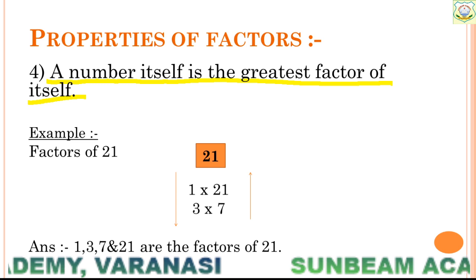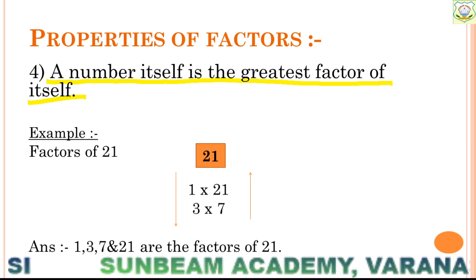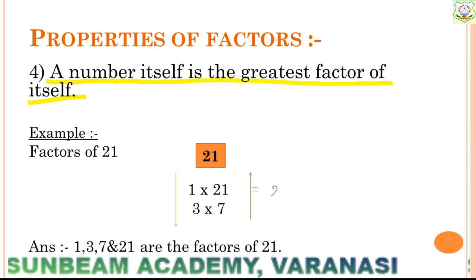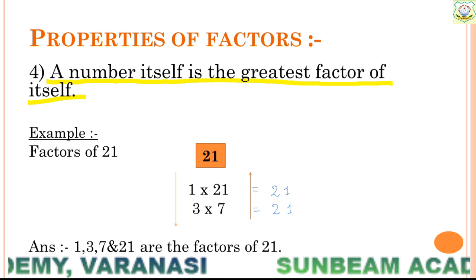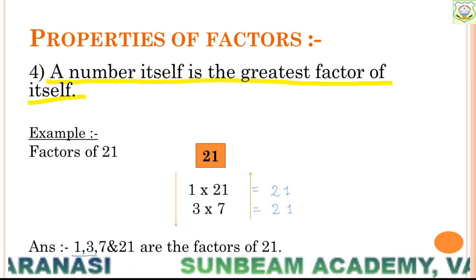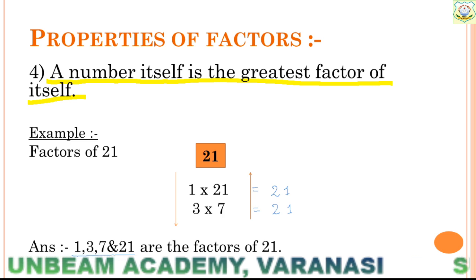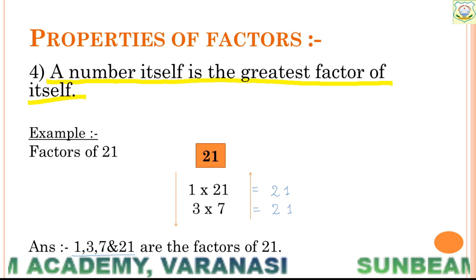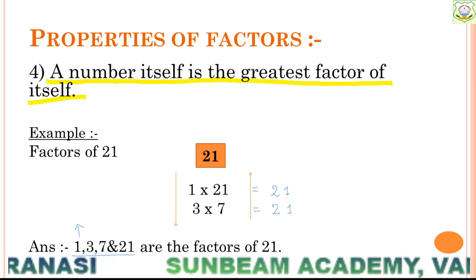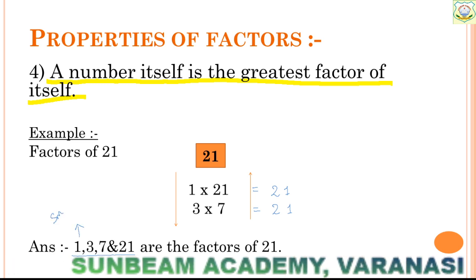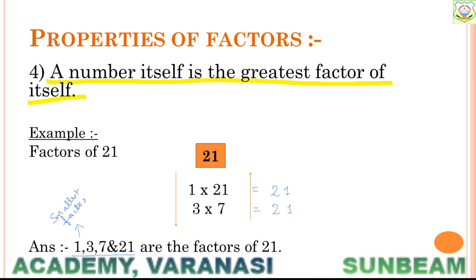Now, a number itself is the greatest factor. So now in this question, 1 multiplied by 21 is 21. 3 multiplied by 7 is 21. How many factors are there? 1, 3, 7 and 21. Total 4 factors. 1 is the smallest factor, right?